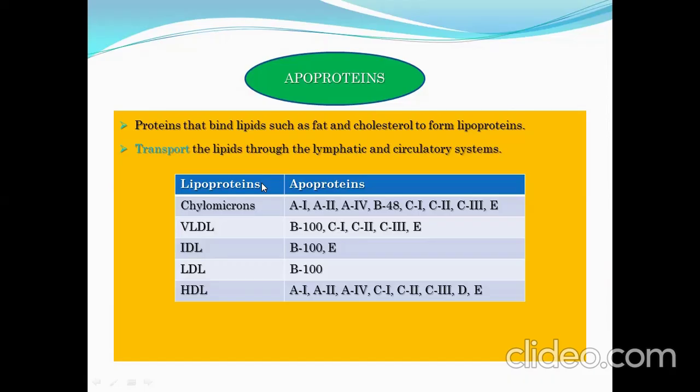For that sake, a protein plays an important role in transporting the lipid molecules. Just like enzymes and isoenzymes, where the protein is supportive to the enzyme, here also an apoprotein is supportive to the lipoprotein.